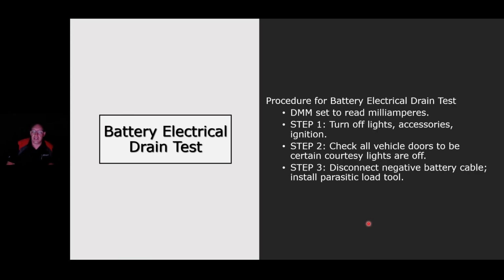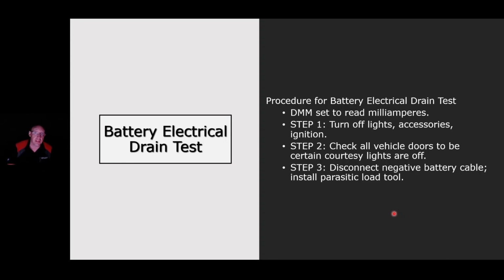Disconnect the negative battery cable and install the parasitic load tool, or install your multimeter. The bad thing about disconnecting the battery, though, in this process that they're talking about, is that you end up totally disconnecting the power from the vehicle, and potentially resetting the problem.